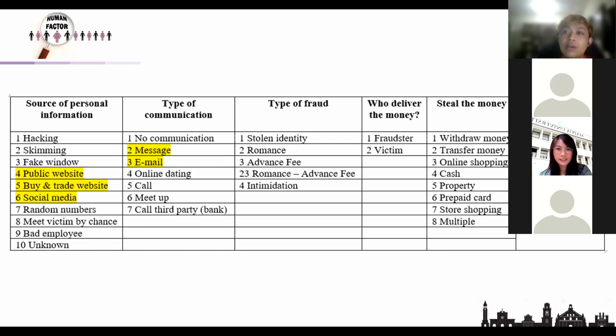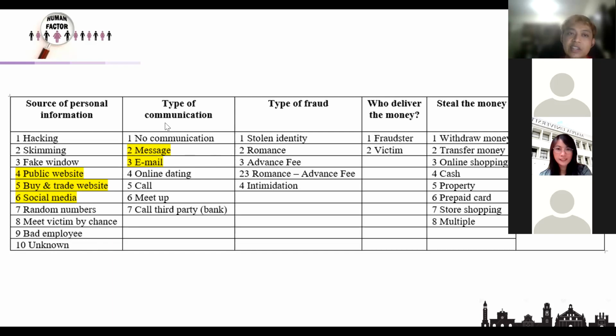For the advance fee scam, random numbers are actually quite common. Meeting the victim by chance is usually for the charity type. And bad employees sometimes give personal information to the syndicate of the fraud kit. And the final one is sometimes just unknown.